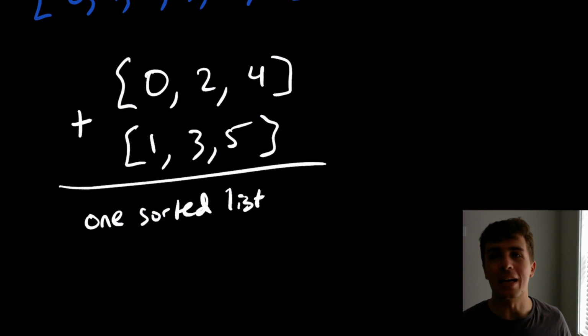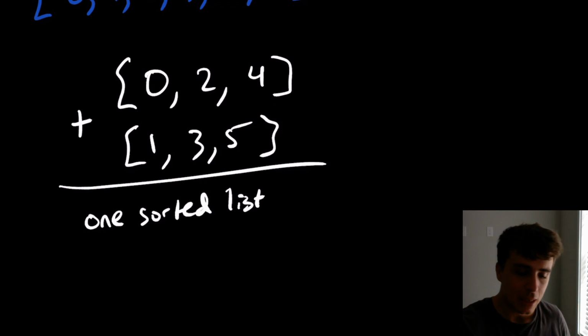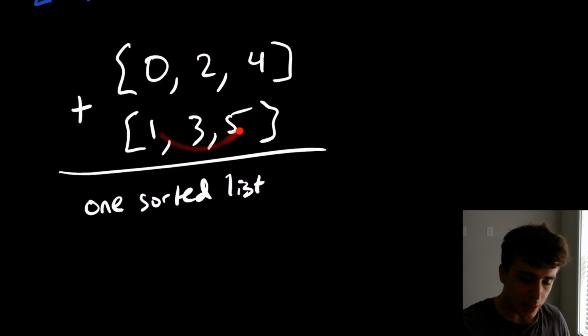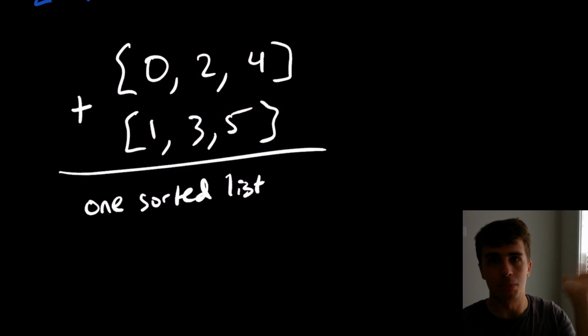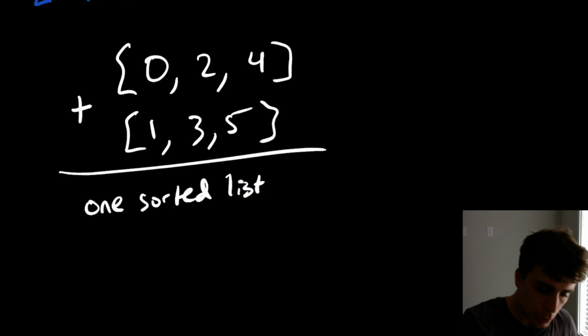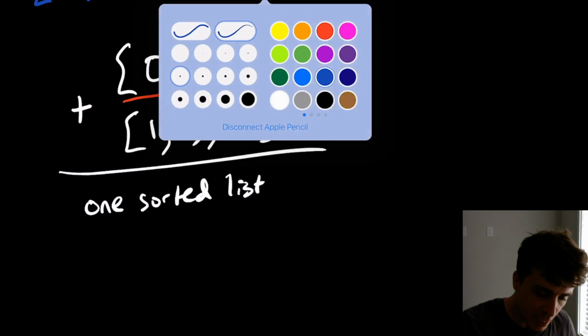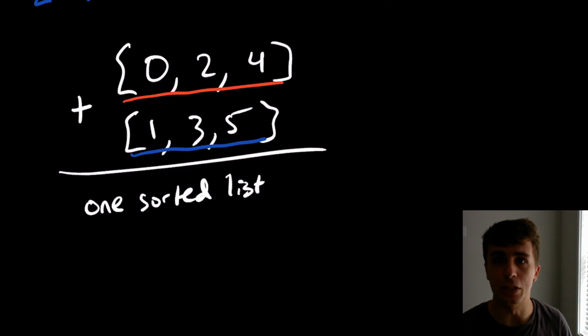Well, I could just put the two lists together and then call sort on that, but that's the problem we're trying to solve in the first place. We're trying to sort the list. So instead of just putting these two lists together and then sorting them, is there a better way we can do this? We can note here that each of these lists independently is sorted.